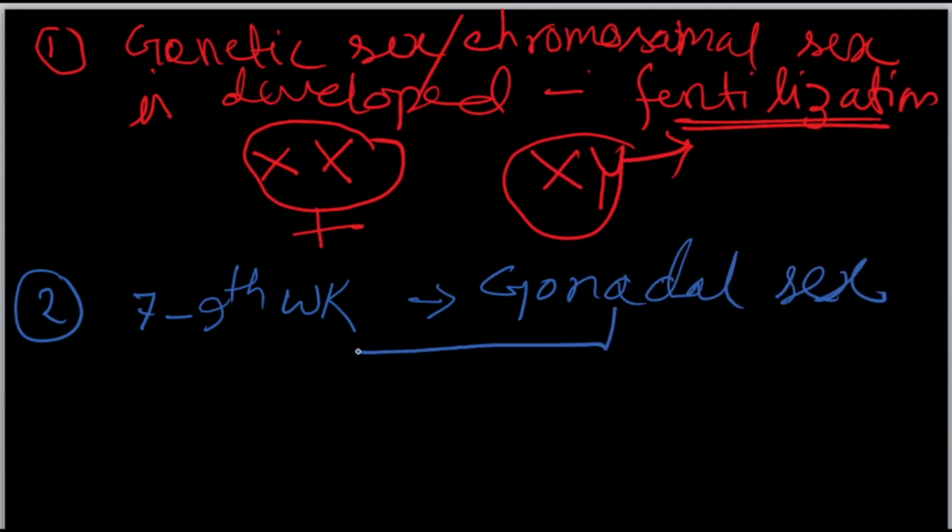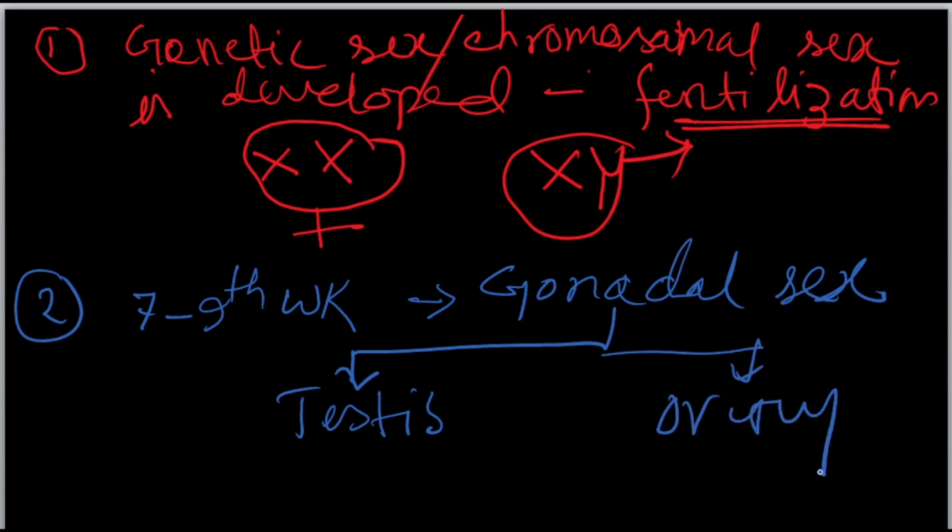If it is male, the gonad becomes testis. If female, it becomes ovary. At around 7 to 9 weeks, or 7 to 10 weeks, the definitive gonad is formed, that is testis or ovary.